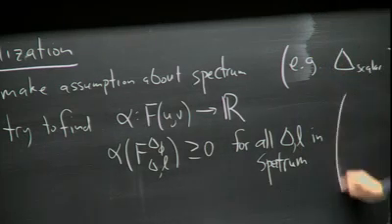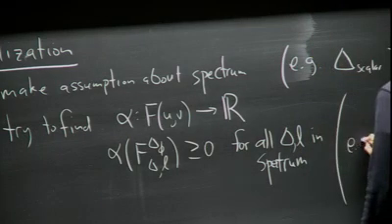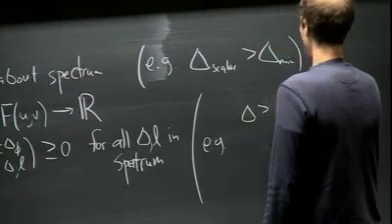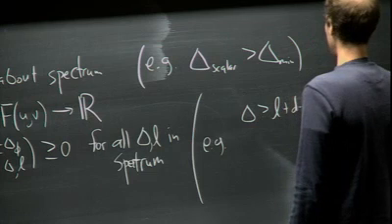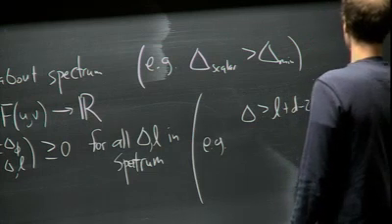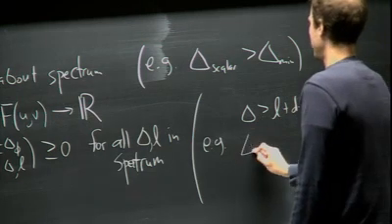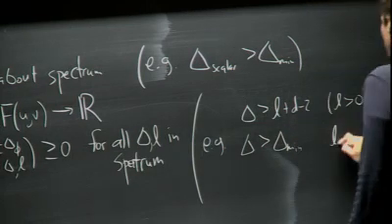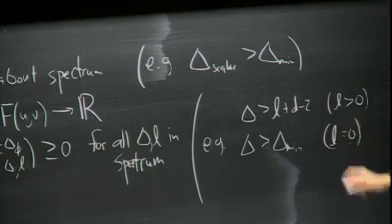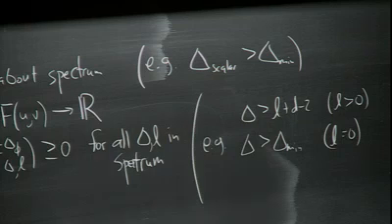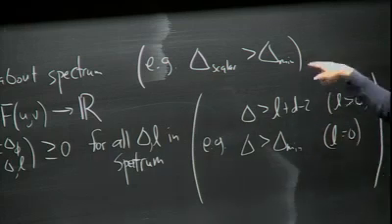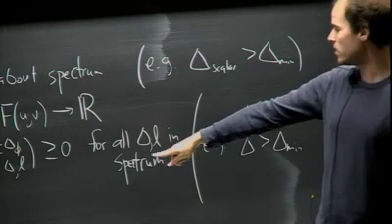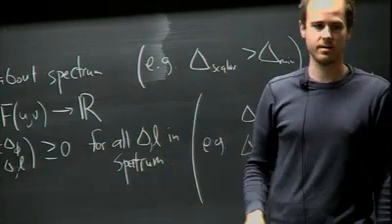What that means in our example is that we have to demand positivity for delta bigger than L plus d minus 2 when L is bigger than 0, and delta bigger than delta min for L equals 0. So this is where our assumption enters, in the delta and L for which we demand positivity.